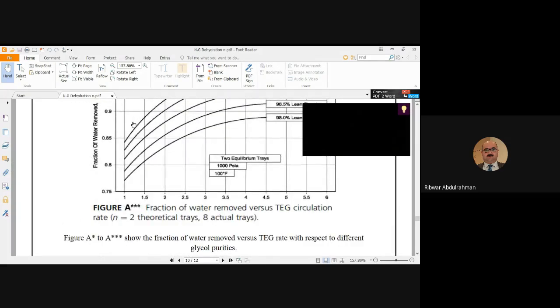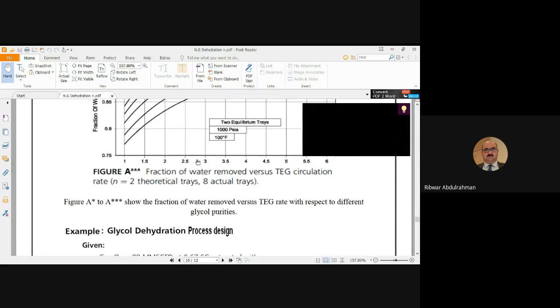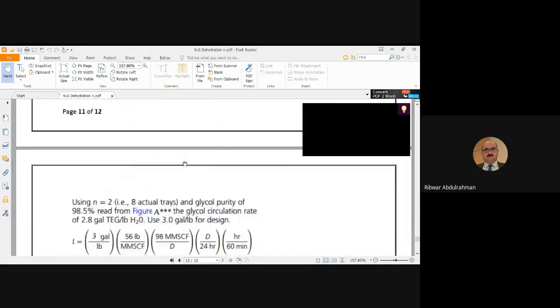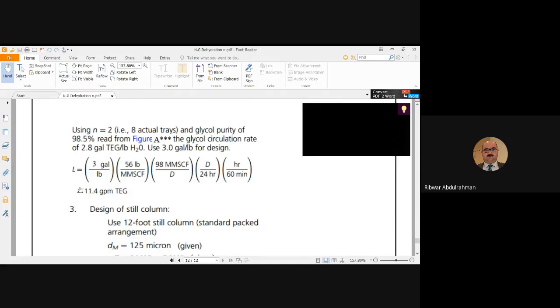So it's approximately here. All right. So it approaches 3, but it's not 3. Let's find out the final result. The final result is 2.8 gallon of the triethylene glycol per pound of the water.